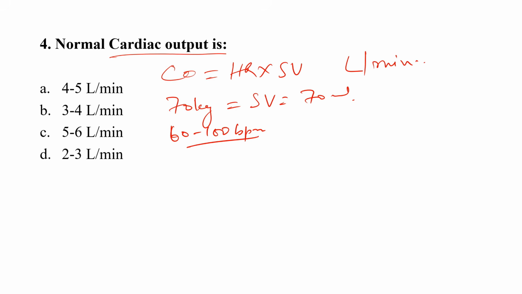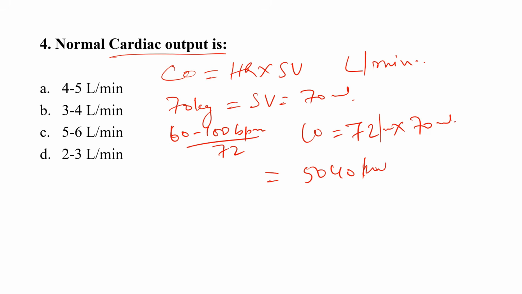So if we take the heart rate to be 72, the cardiac output will be 72 beats per minute multiplied by 70 ml. If we multiply this, we get 5040 ml per minute, which converts to about 5 liters per minute.